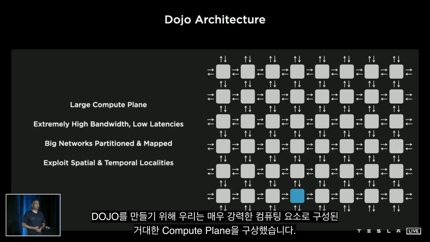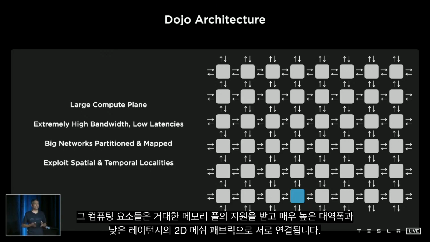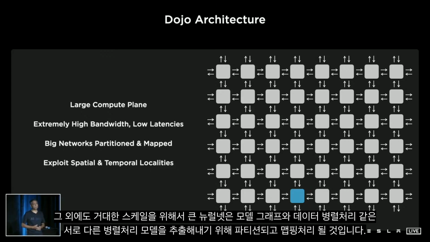For Dojo, we envisioned a large compute plane filled with very robust compute elements backed with a large pool of memory and interconnected with very high bandwidth and low latency fabric in a 2D mesh format. And onto this, for extreme scale, big neural networks will be partitioned and mapped to extract different parallelism: model, graph, data parallelism.